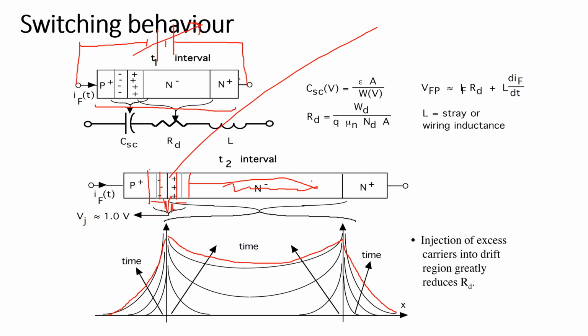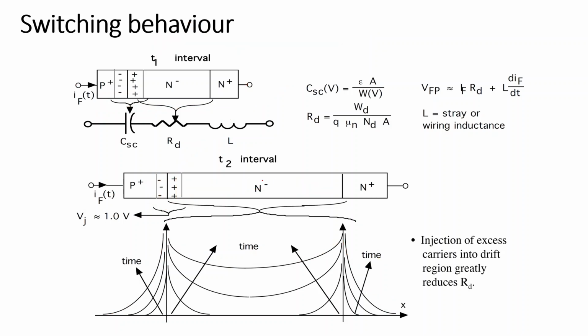The obvious answer is that we have to take current out of this device so that these charges are swept out of this device, right? So if you reverse bias this, then a negative current will start flowing.